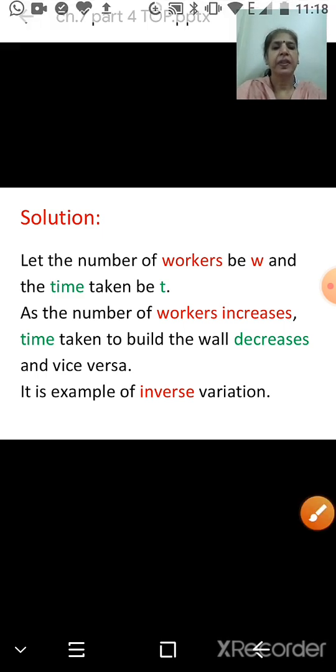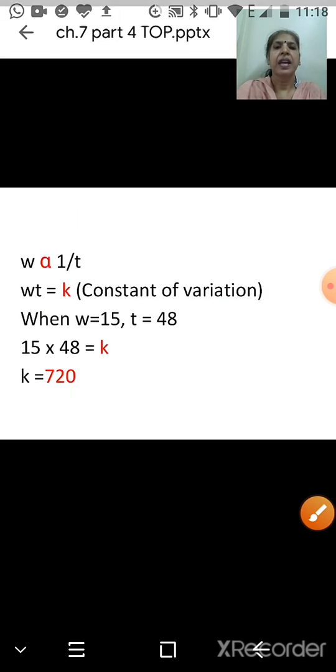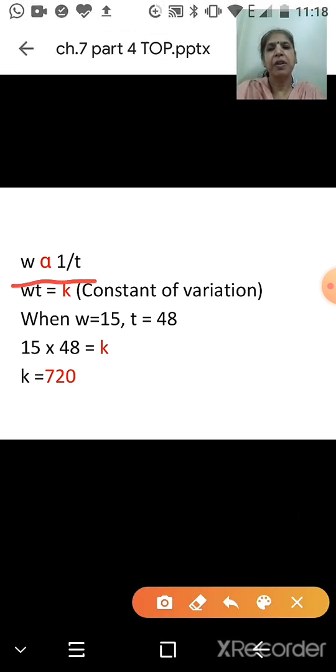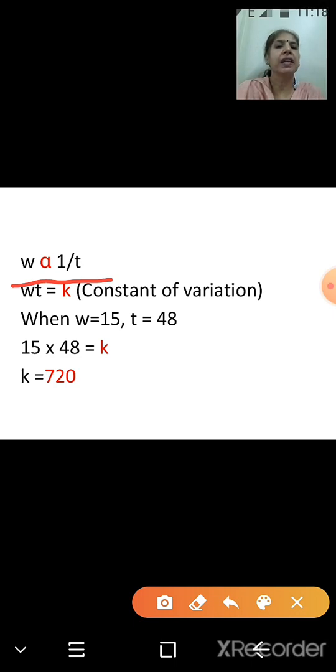Now, if it is inverse variation, how will we write? We have taken W for workers and T for time. W varies inversely as time. So W varies inversely, write W, sign of variation, and inversely, so 1 upon T.